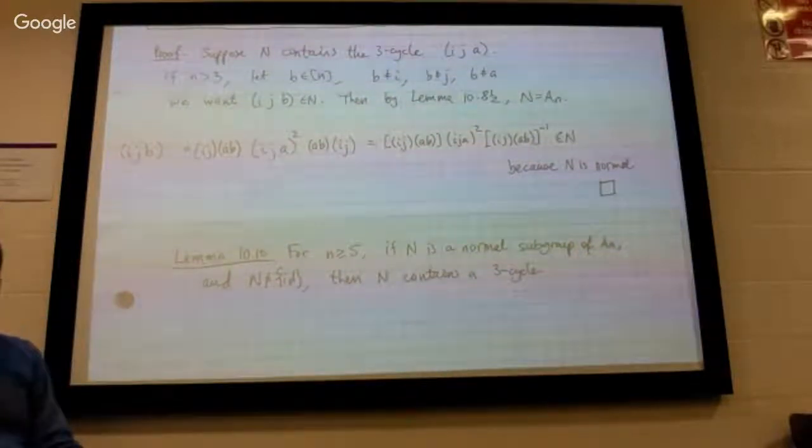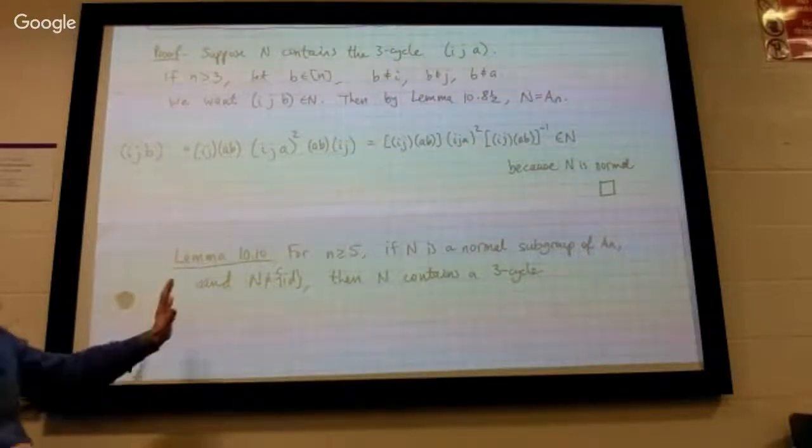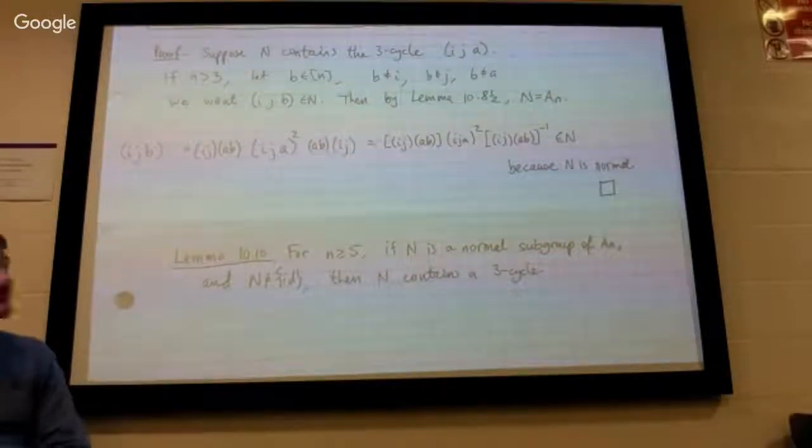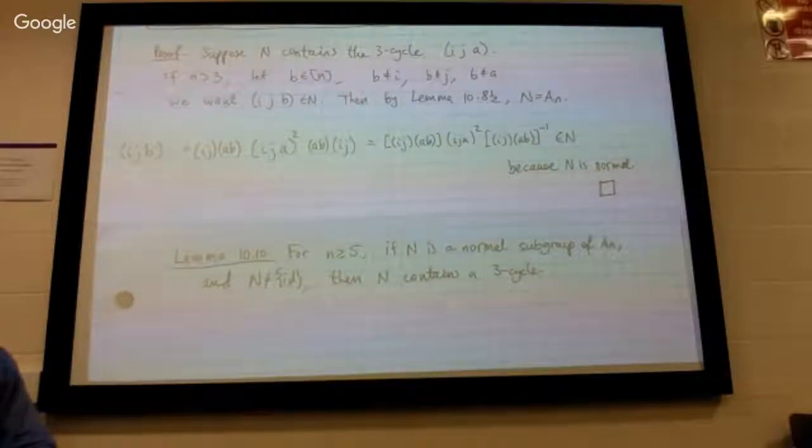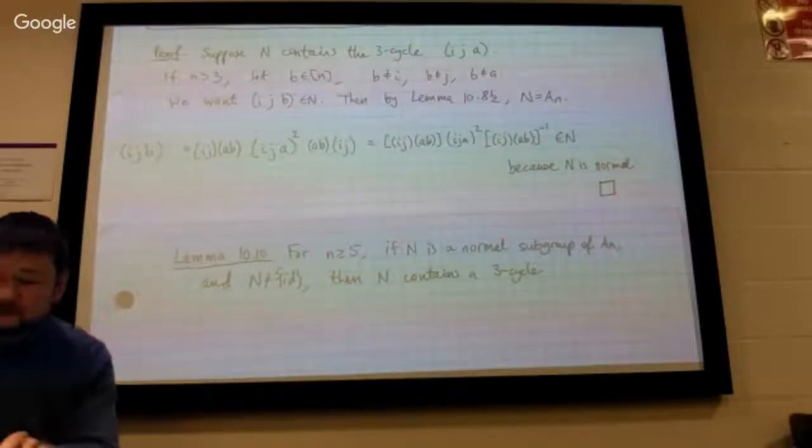Then N contains a 3-cycle. And if we prove this, then because once it contains a 3-cycle, it has to be the whole A_n, and that will prove that there are no non-trivial normal subgroups. So this is the remainder of the proof there. Okay.